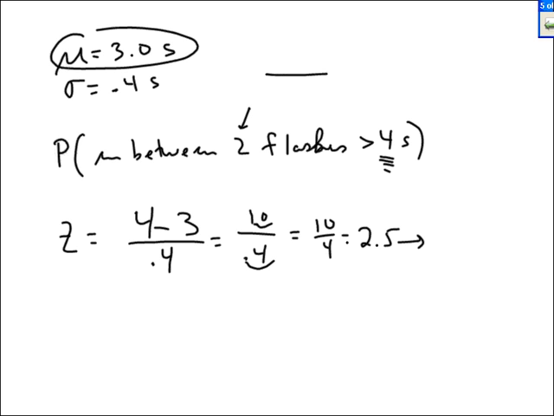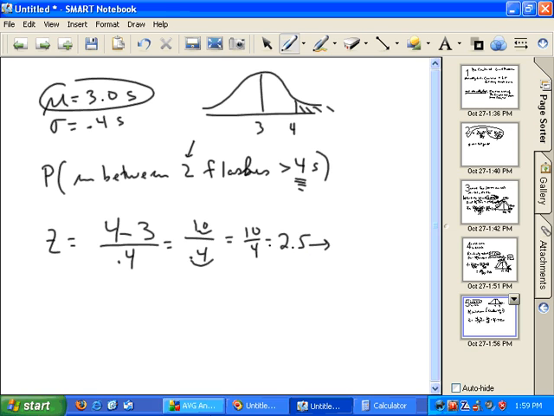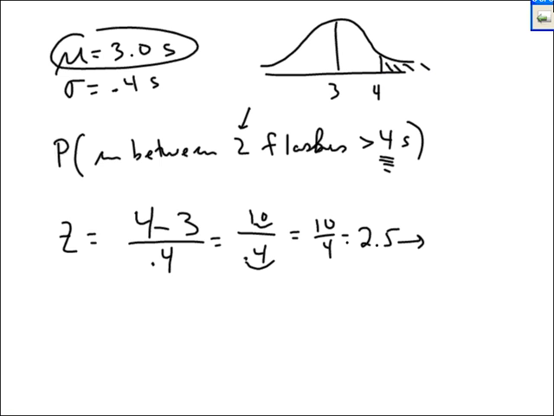Now, with respect to our picture, here is the mean of 3 seconds, here is 4 seconds, and we want to know about bigger than 4. It turns out that for z equals 2.5, we get 0.9938.